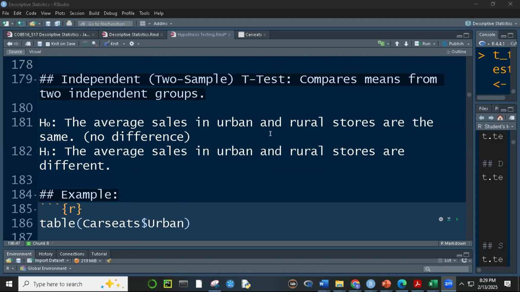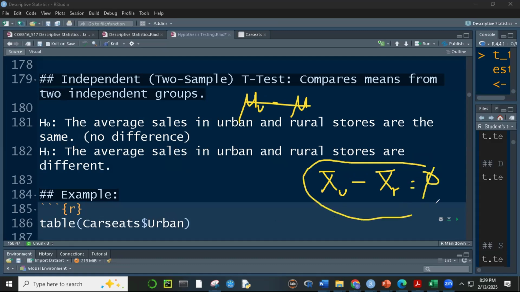It's just like getting the difference: x urban sales minus x rural sales is equal to 0. There's no difference. So this is what we're testing. The alternative, of course, is they're not equal to 0. No difference versus they are different.